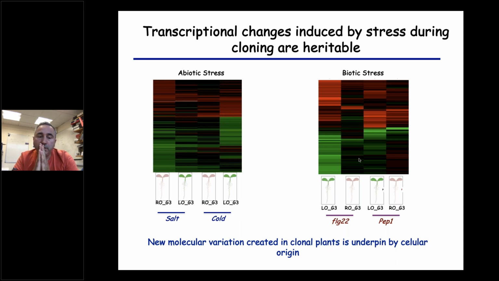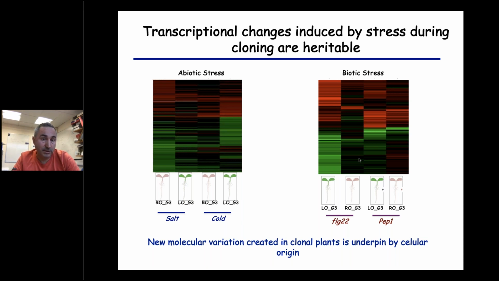So this suggested that these plants, clonally propagated and exposed to stress, can somehow acquire new molecular variation, and this molecular variation is underpinned by the cellular memory origin. Depending on the somatic cell that is used for the cloning, this will determine the response.